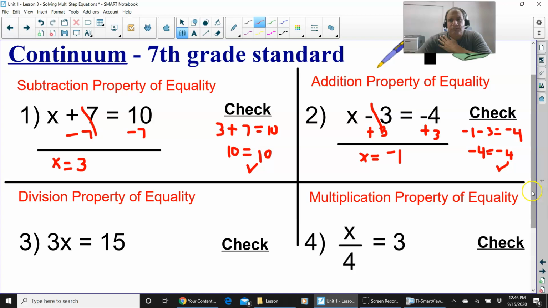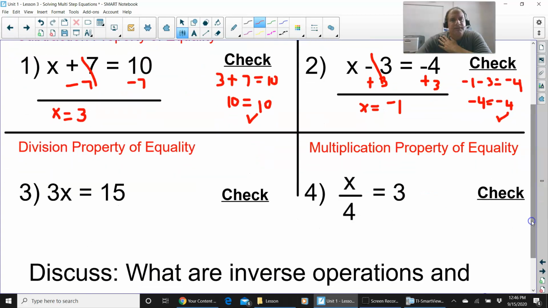All right. So just taking a look, hopefully you did finish number 3, and you again have to divide by 3 because the opposite of multiplication is division. X equals 5, and that is your answer. When you go to check this, it is 3 times 5, so you're going to put that x in as your answer.